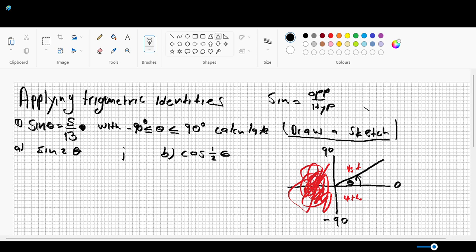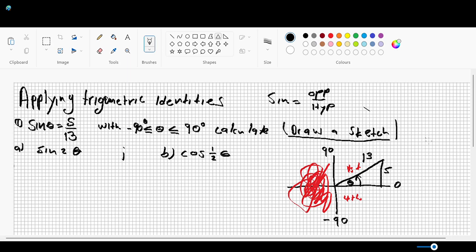We know that 5 is opposite of theta and 13 is the hypotenuse. So when we go and draw there on our CAST diagram, this side here, which is the opposite of theta, is going to be 5. And the hypotenuse, as you can see, is the longest side of the right-angled triangle, is going to be 13. So what is missing now is the adjacent side.